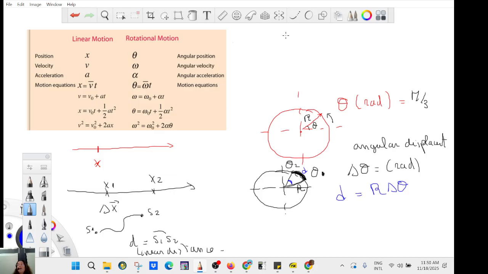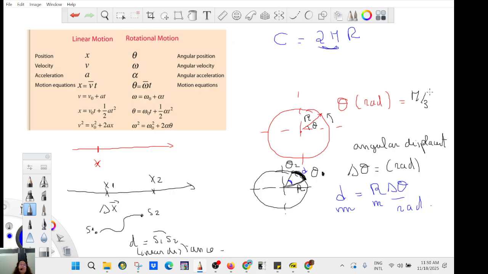If you go around the circle, the circumference is 2 pi r. So if you want the linear distance, you multiply the radius by the angle in radians. This is in meters, this is in meters, and this is in rad. Are you with me?